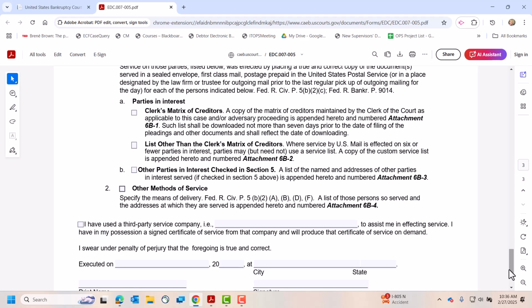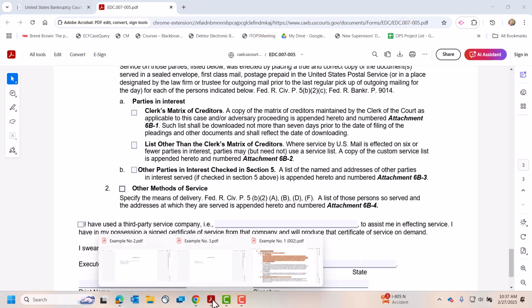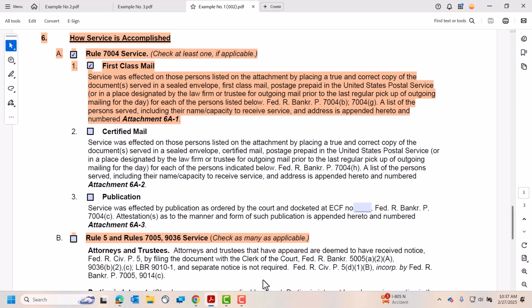If Party A serves a complaint on Party C, a corporation, the certificate of service would look like this. The two portions of Section 6 that should be checked, Section 6A1 and 6B1, are highlighted in red on example number 1.